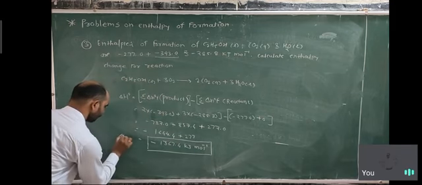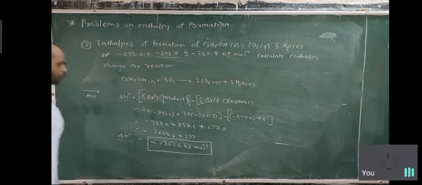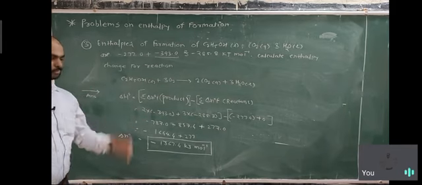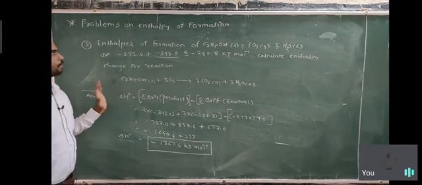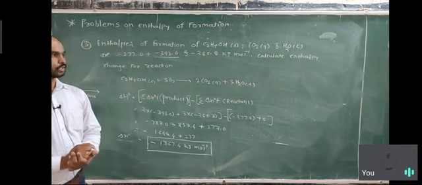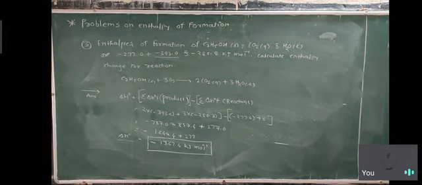So here delta is 0. Enthalpy change, or heat of formation of reaction, both are the same. So this is all about today's lecture. In the next lecture we will discuss some points and other numerical problems. Okay, so we stop here.